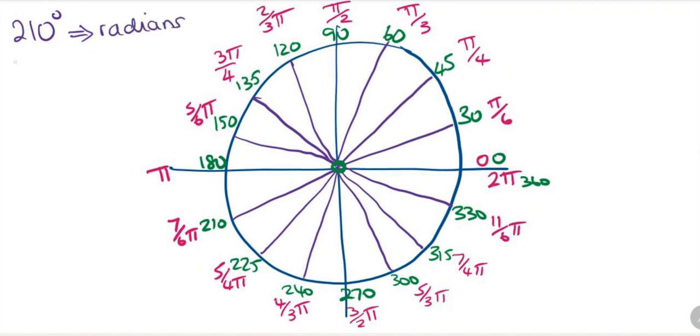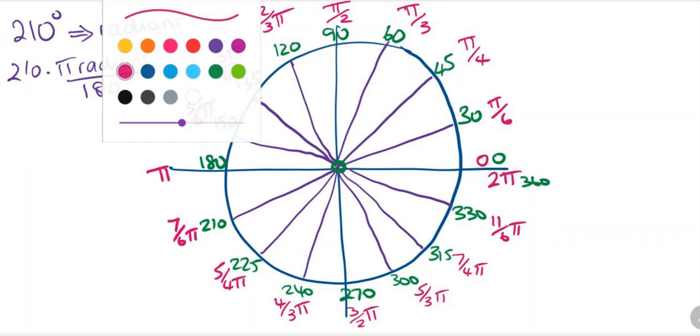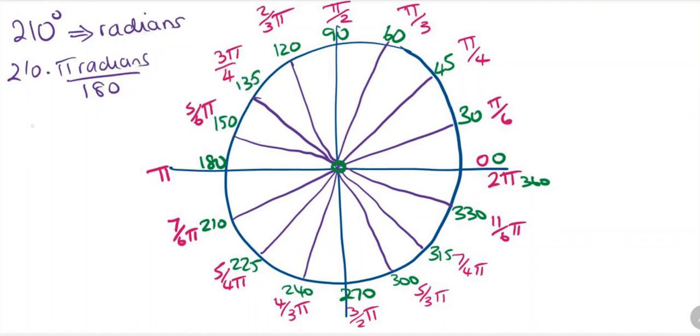The formula is 210 multiplied by pi radians divided by 180. We can divide them both by 30. 30 will go into 210 seven times and into 180 six times. So our answer is 7 over 6 pi. If we look, 7 over 6 and 7 over 6 match.